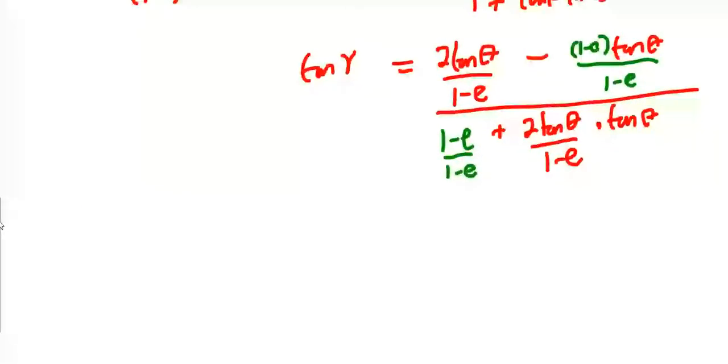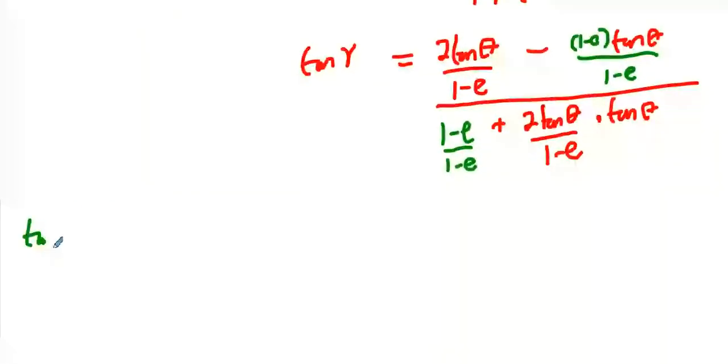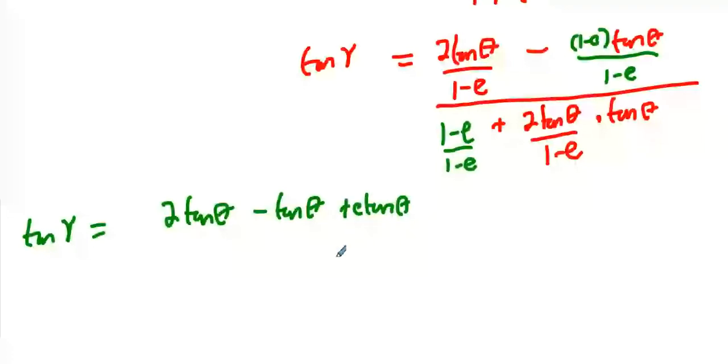Used to do tons of these back in the old Leaving Cert. Now, we're going to get 2 tan theta. Now, it's going to be minus 1 times tan theta, which is minus tan theta. Then it's going to be plus e tan theta, all over 1 minus e.